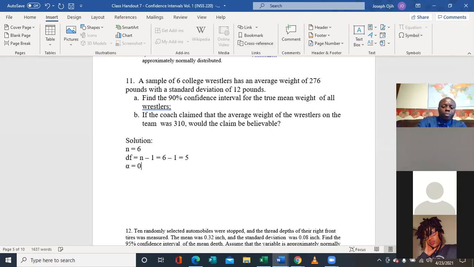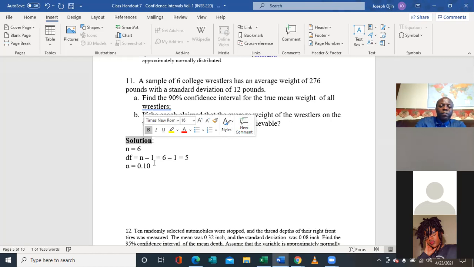Alpha will be 0.10, 10%. So now we can find the critical value t alpha over 2.